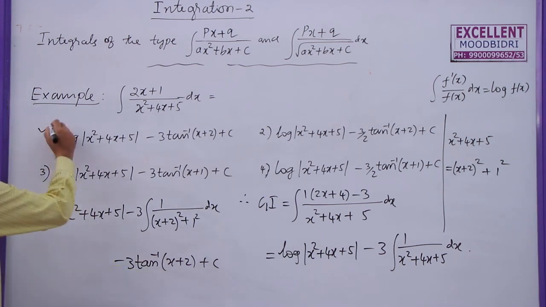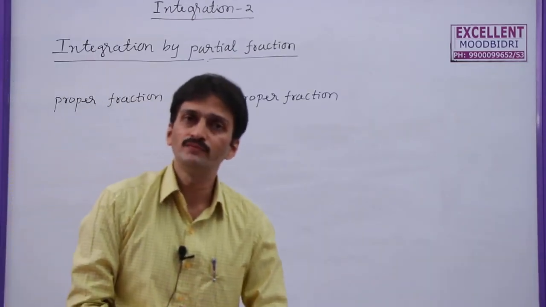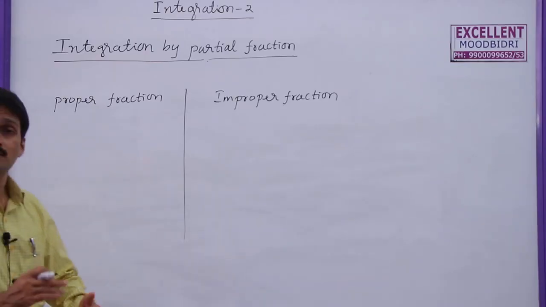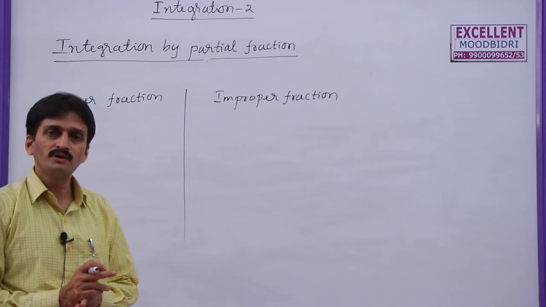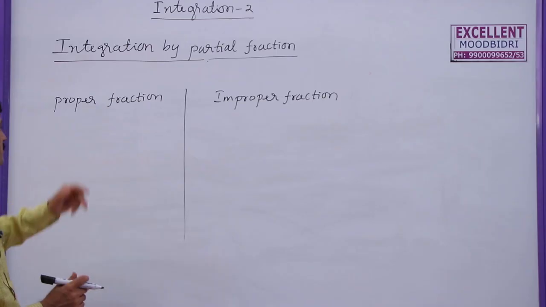So, first option. We shall now see the next method of integration, that is integration by partial fraction. Before that, first you must know what is proper fraction and what is improper fraction. Now, what is proper fraction?